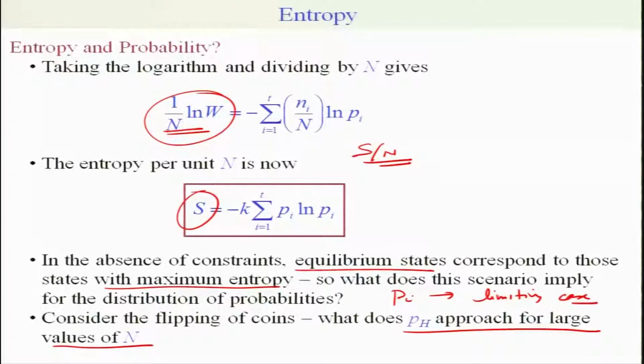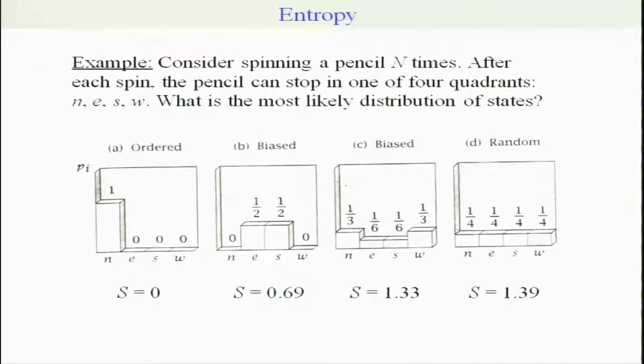But I will come back to this at a later stage, and we can try an example using this expression in order to find more likely conditions of a state.